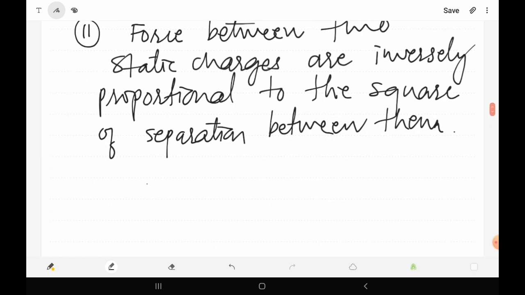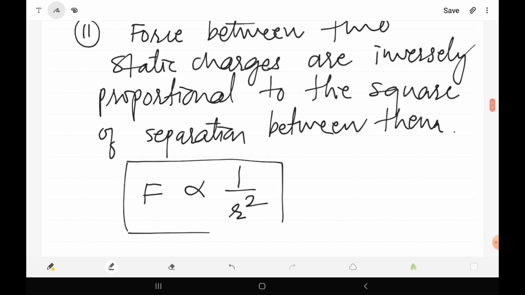We may write F is inversely proportional to r square. This is the second condition.